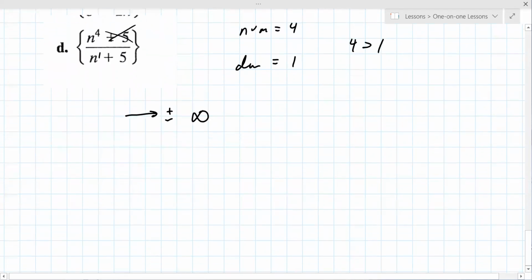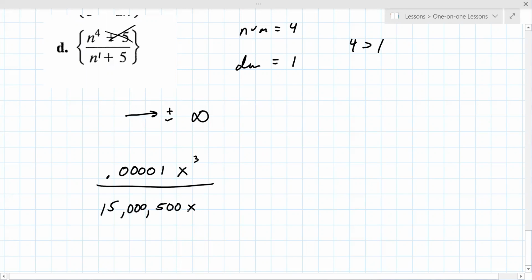Here's something an instructor could do. They could say 0.00001 x to the third over 15,500,000 x. What's the degree of the numerator? 3. And the denominator? 1. So this goes to infinity, because 3 is greater than 1.